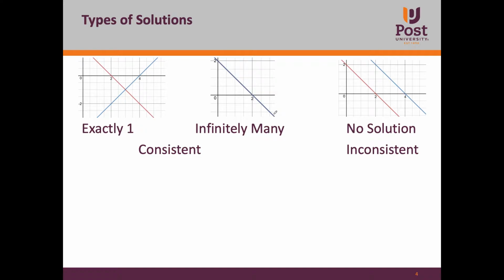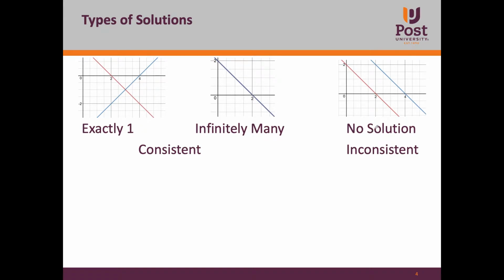Or we can have infinitely many, meaning that the lines lie on top of each other. They're the same exact line, maybe just a multiple of each other. So that's infinitely many. If we have either exactly one or infinitely many solutions, both of those are considered consistent systems, meaning that both of them have a point or points, respectively, where they make sense.